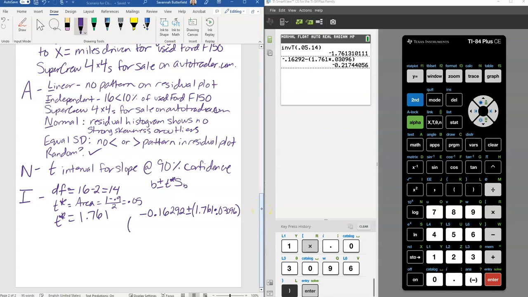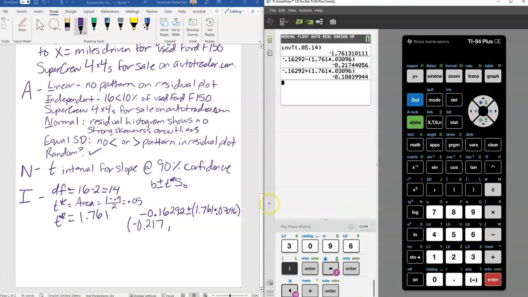So my interval is going to be negative 0.217. We'll estimate a little shorter. And then remember, I'm going to go up here and say plus to get the higher end of my interval. And that is going to be negative 0.108. Okay, so that's my interval right there.